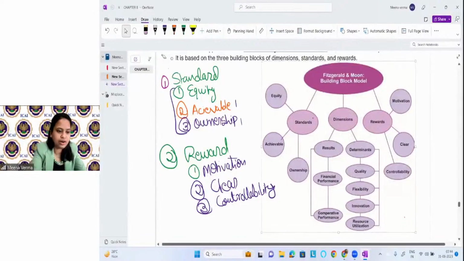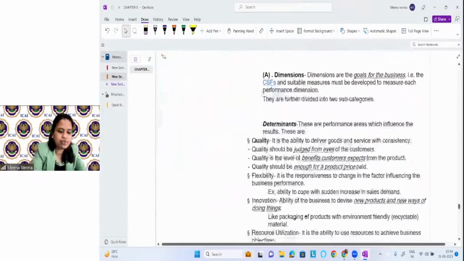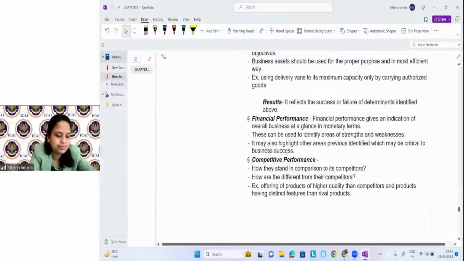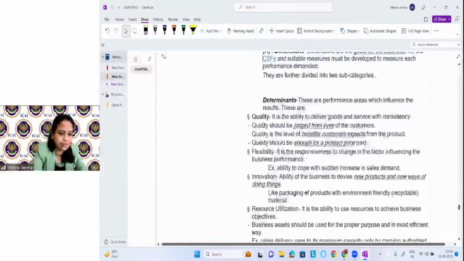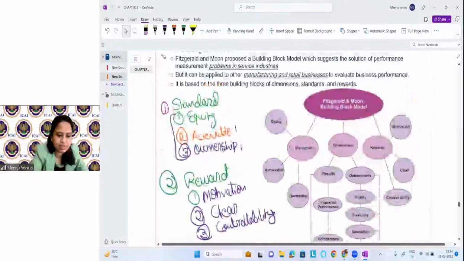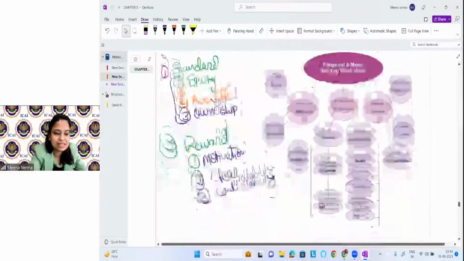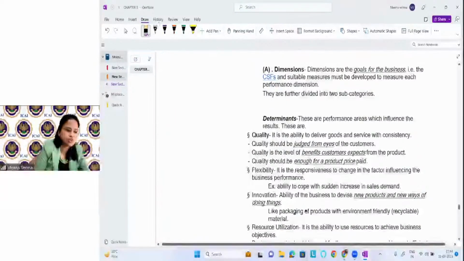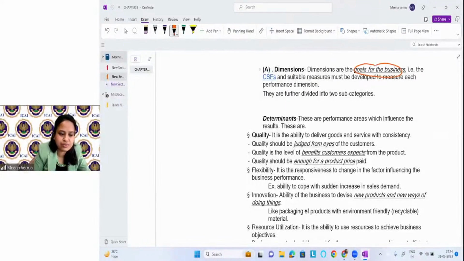Simple. All right. Now let's see what we have here. The first point, they have considered dimension. Dimension will include results and determinant. What is dimension? Dimensions are the goals for the business. That is, critical success factors and suitable measures must be developed to measure each performance dimension.